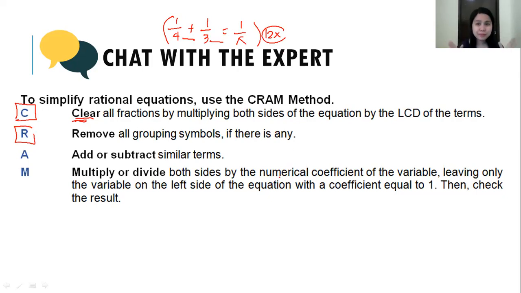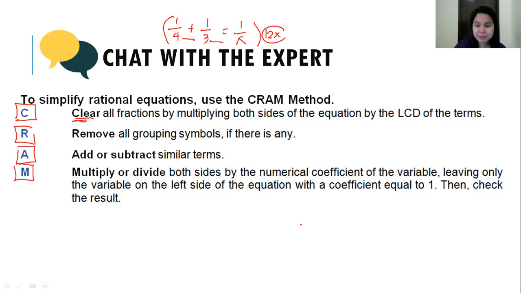So no more parentheses, no more braces, no more brackets. Next is A. Add or subtract similar terms. And the last is M. It means we multiply or divide both sides by the numerical coefficients, or we simply say we simplify the whole expression. Now, let's start solving, okay?